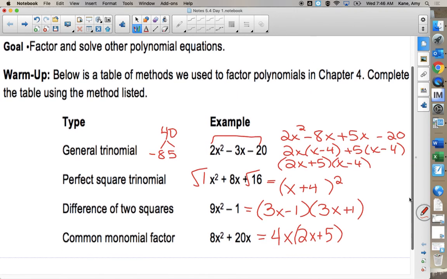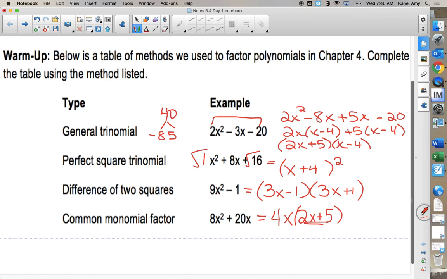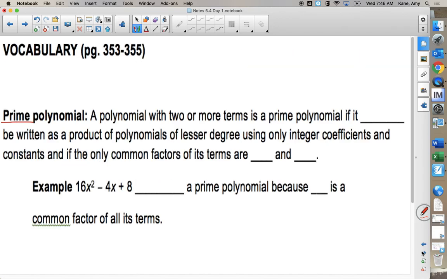So if I look here, once they're factored, if I can't factor it any further, so whatever's in parentheses, if it can't be broken down any further, then it's called a prime polynomial. And that's what our goal will be. So we're going to be factoring these larger powers, trying to break them down so they can't be factored any further.